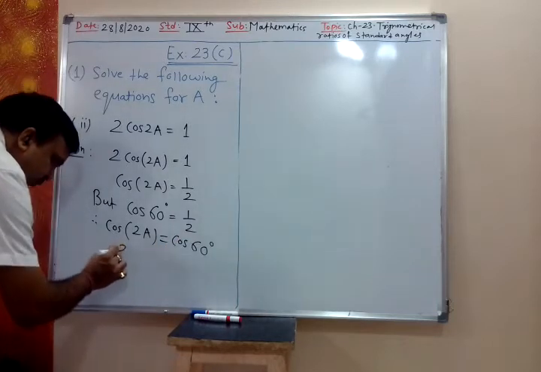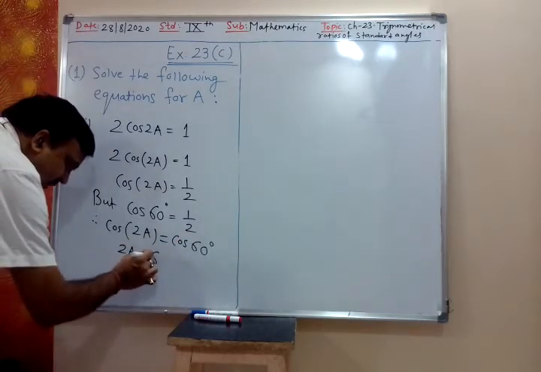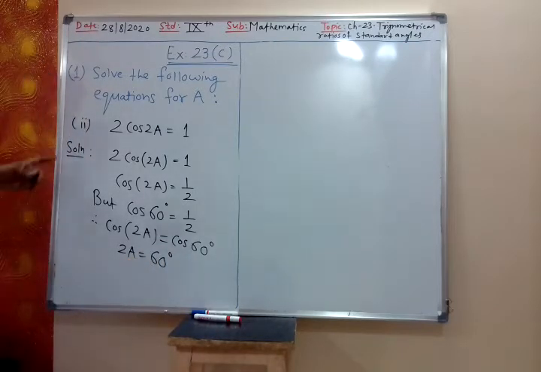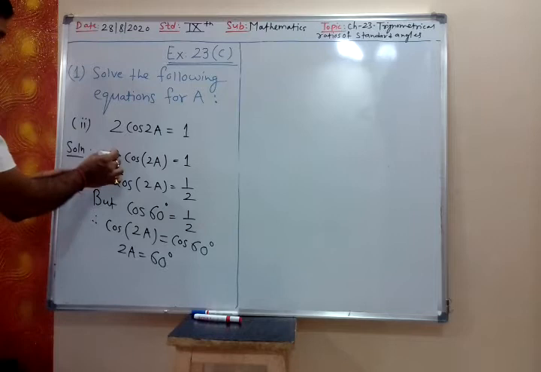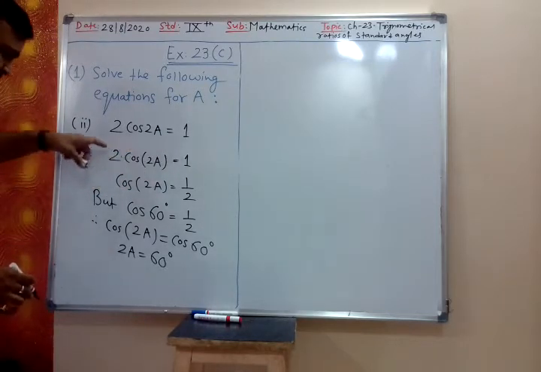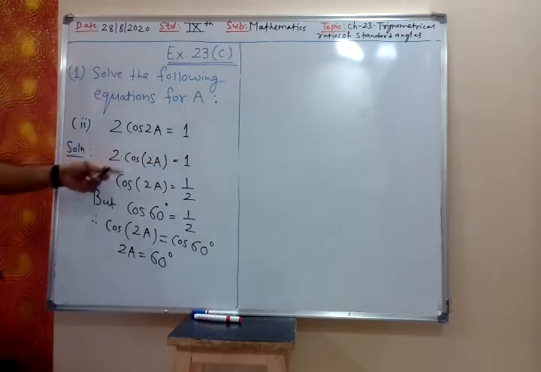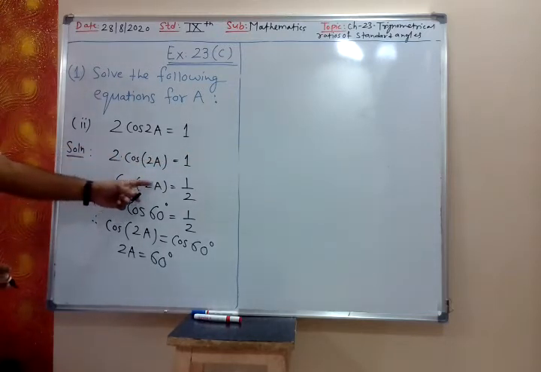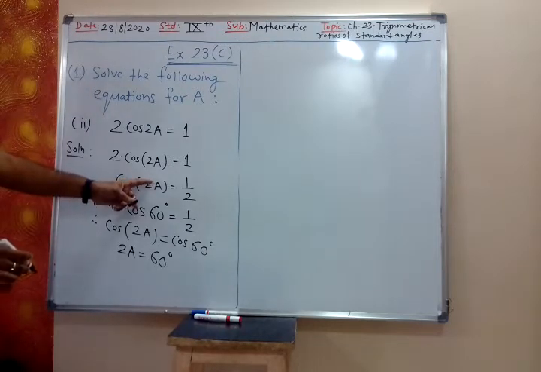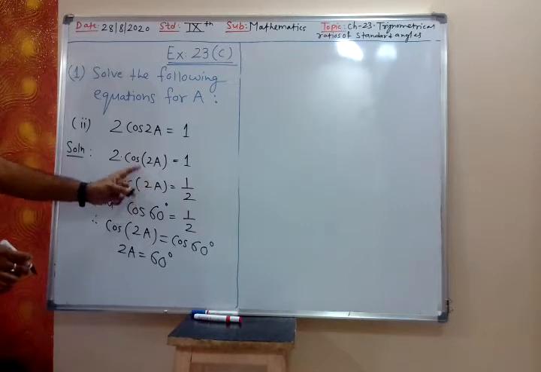No, my dear. It is 2 into cos 2A, so cos 2A is equal to 1, and I will take 2 in the denominator: cos 2A is equal to 1 by 2. The 2A remains in the angle; I have not taken this 2 outside.